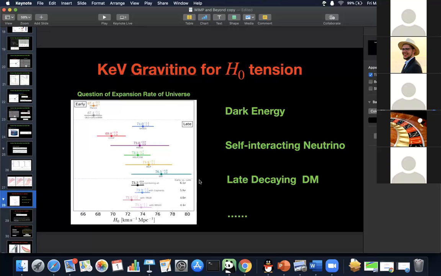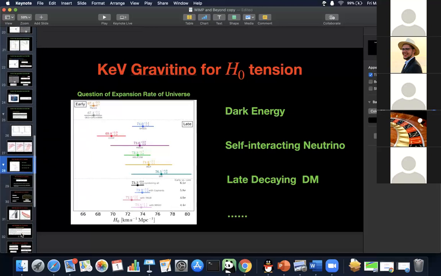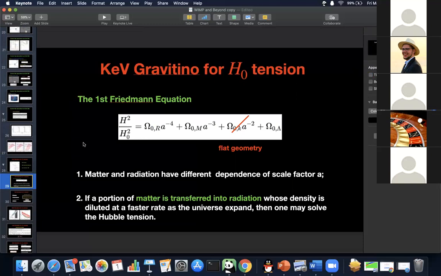The starting point for considering this tension is the Friedmann equation. In the first Friedmann equation, we know there are several terms.